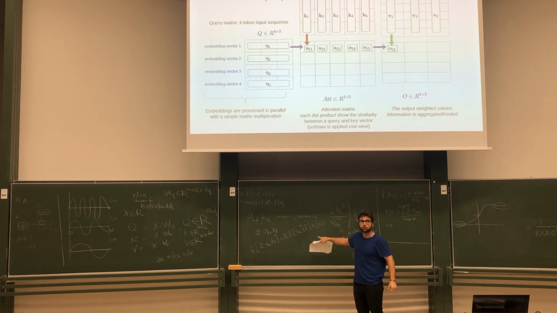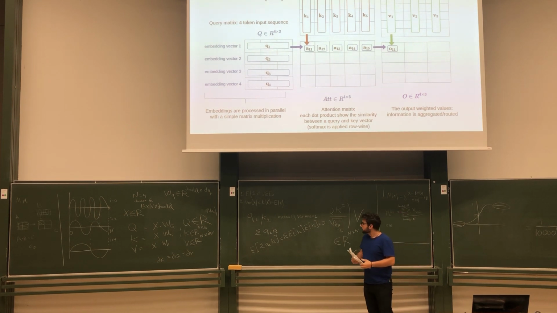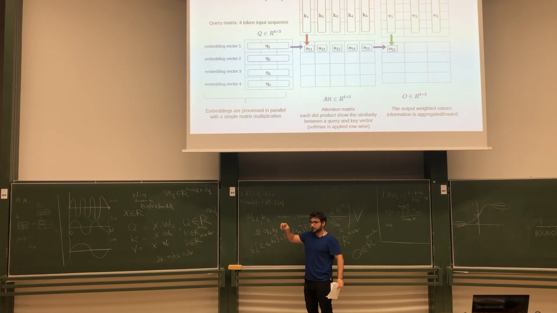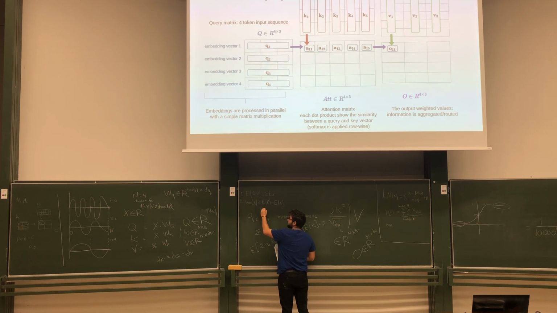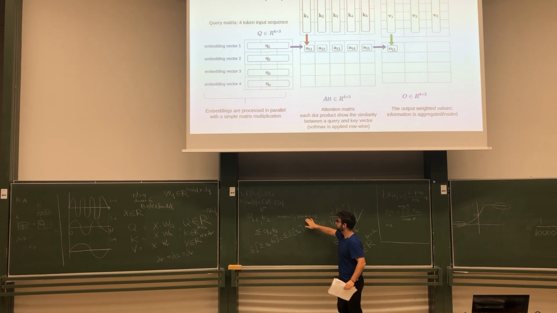Are you able to follow why the expected value here is 0? Any questions? Yes? So if we assume that each element in this vector, we said that the dimensionality is dk, has a mean of 0 and variance of 1.